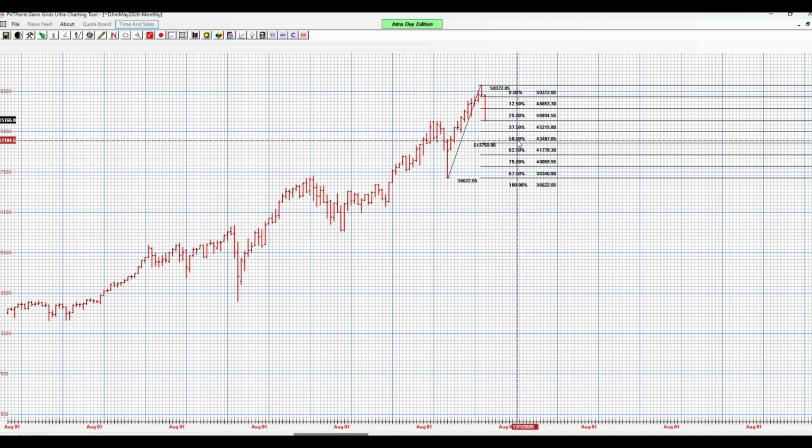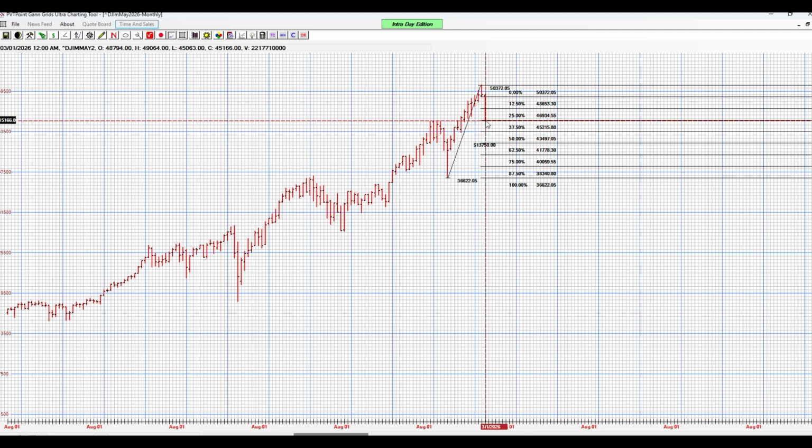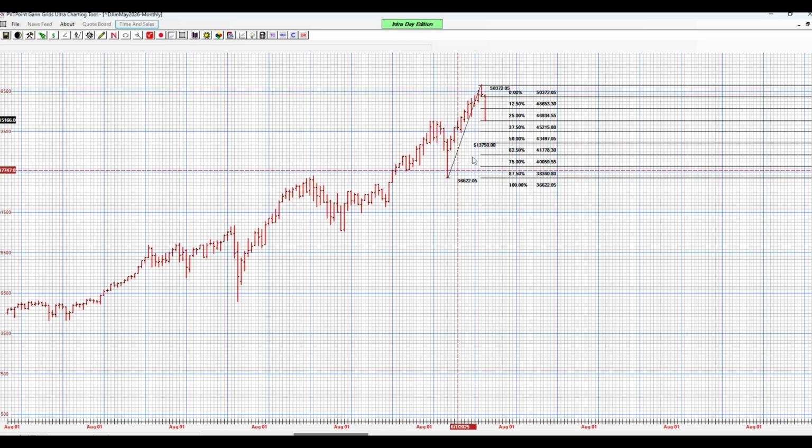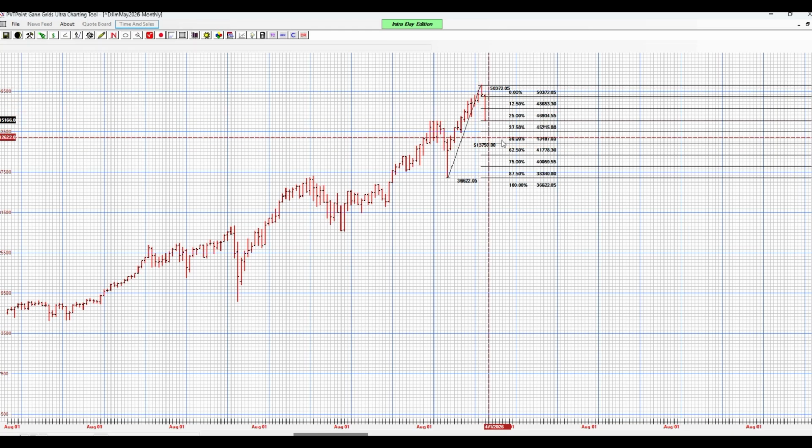Just looking at the 50% pullback, we have a number of 43, pretty much 43,500 would be the 50% pullback from this last, from April of 2025 up until February of 2026. We had 13,000, almost 14,000 point swing. 50% of that would be roughly 43,500 as a good support level to watch and keep an eye out for.